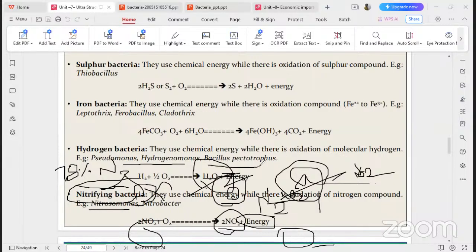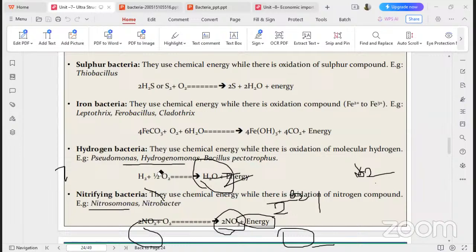These are used for cleaning purposes. These all are autotrophs.